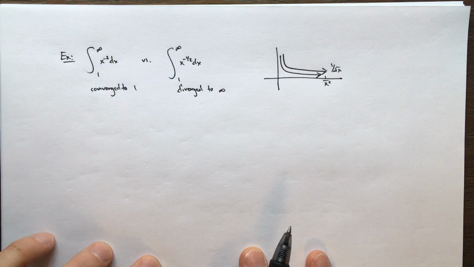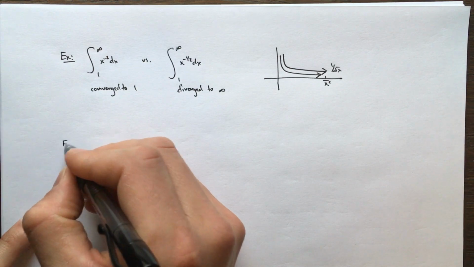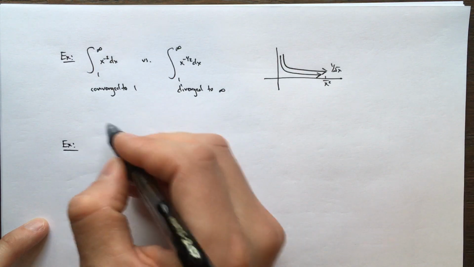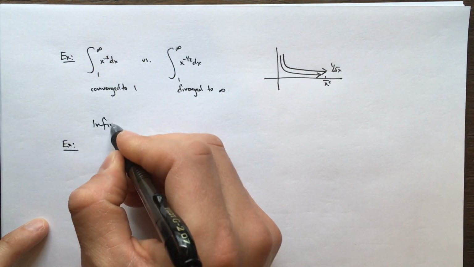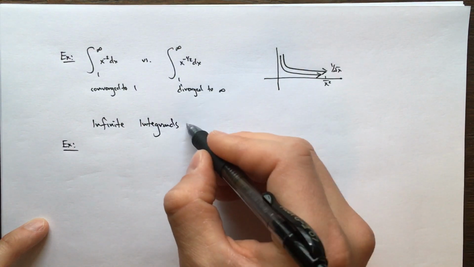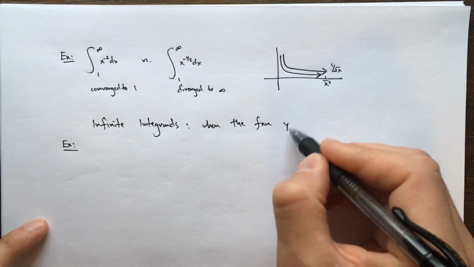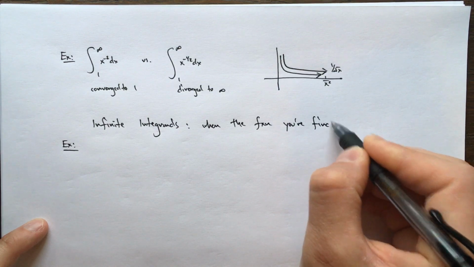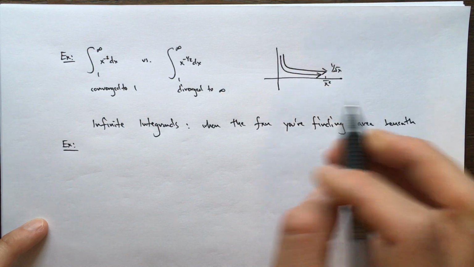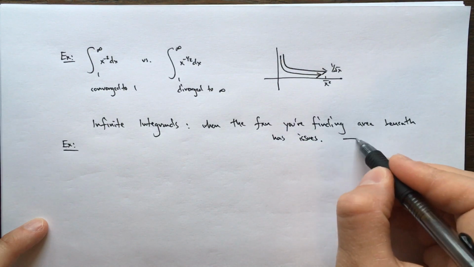But now what we'd like to look at is what happens when you look at a different sort of problem. What we could call infinite integrands. Infinite integrands would be when the function you're finding the area underneath has issues, so maybe heads towards infinity.